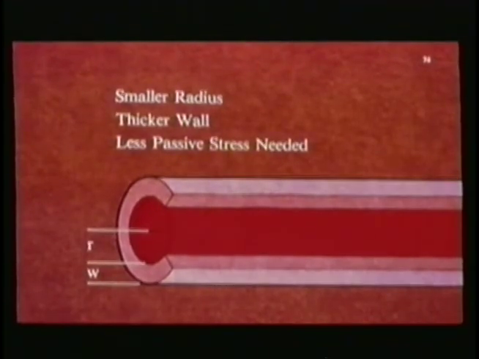74. Since the vessel wall becomes thicker as the radius becomes smaller, less passive circumferential stress is needed to balance the existing transmural pressure in the presence of active circumferential stress. 75.